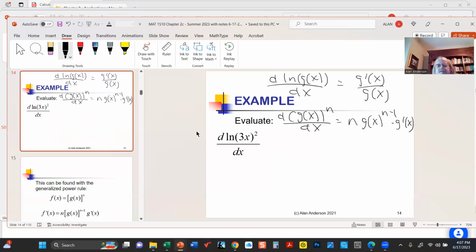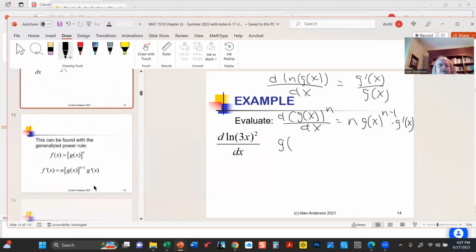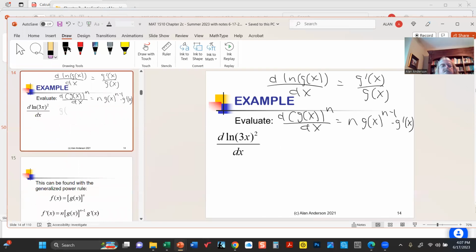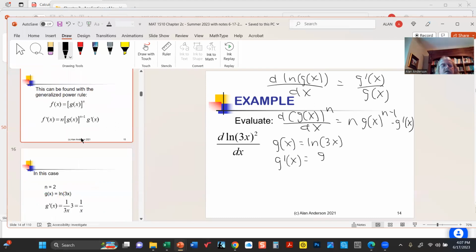Well, let's think of this as g of x is the log of 3x. Then g prime of x is, we're going to have 3 over 3x.